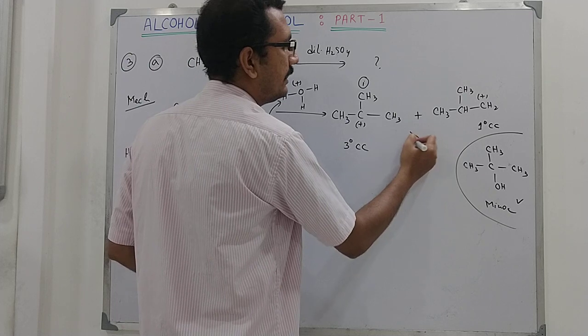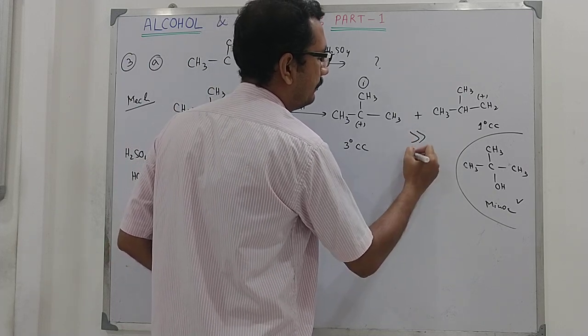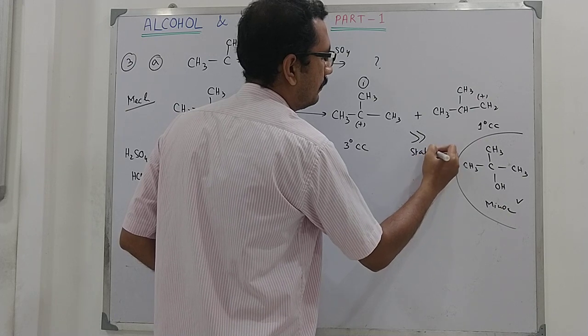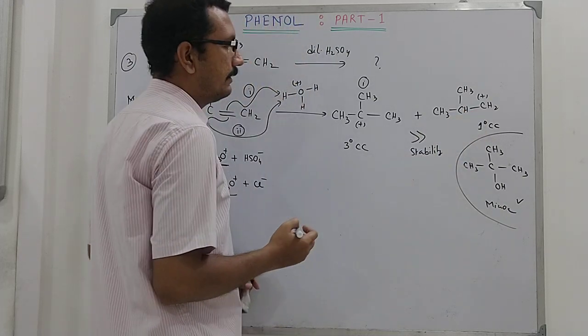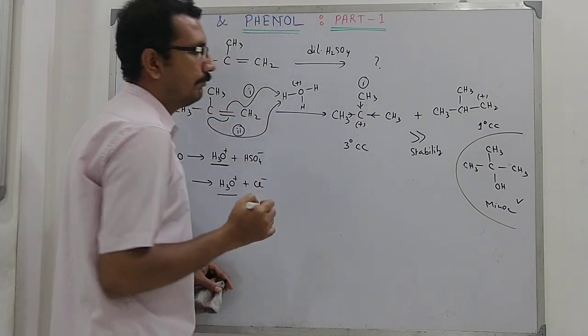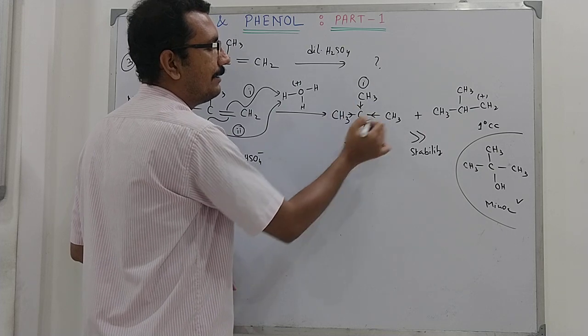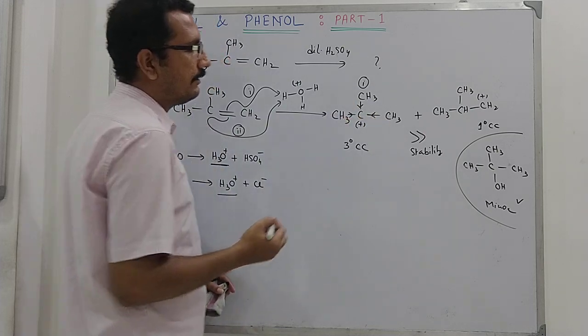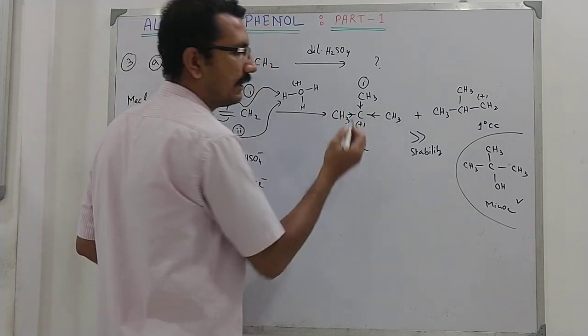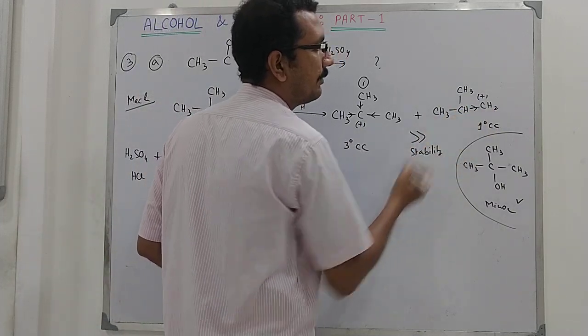Now the 3 degree carbocation is much more stable than the 1 degree carbocation. You see there are 3 plus I effects, which decrease the positive charge here and thereby stabilize this carbocation species, and there are 9 alpha hydrogens, so there are 9 hyperconjugations, and here you see only 1 plus I effect and 1 hyperconjugation.